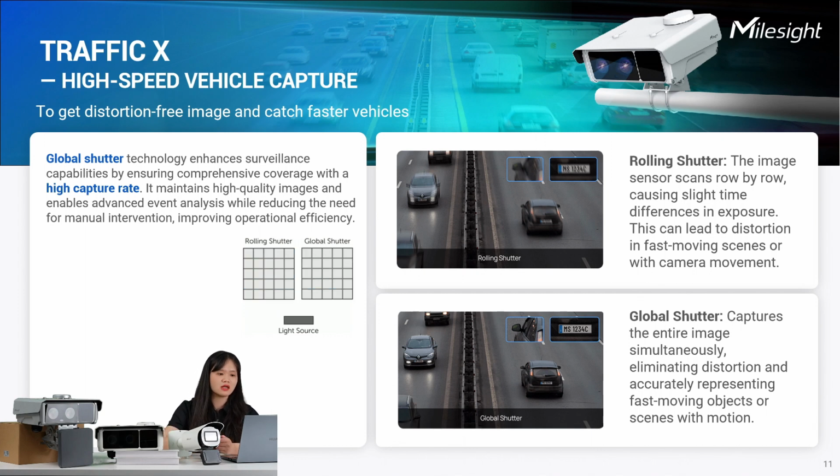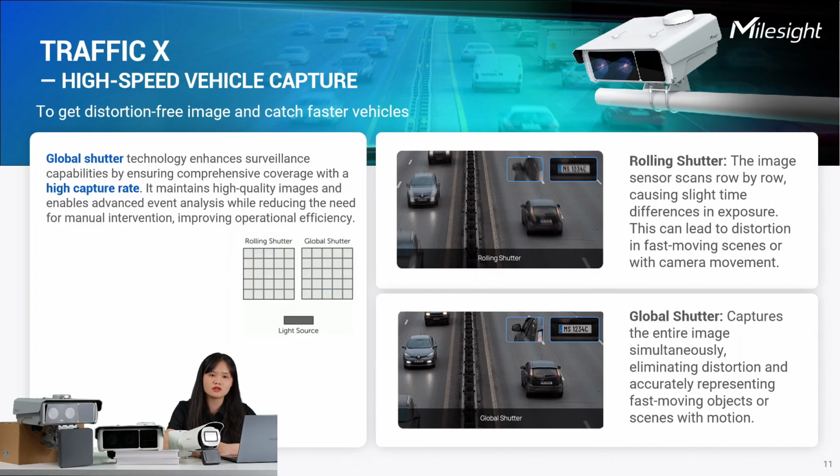You can see that this video simulation shows you the difference between the rolling shutter and global shutter. The rolling shutter takes in light line by line, so when you use it to shoot slow-motion vehicles or objects, this time latency is okay.